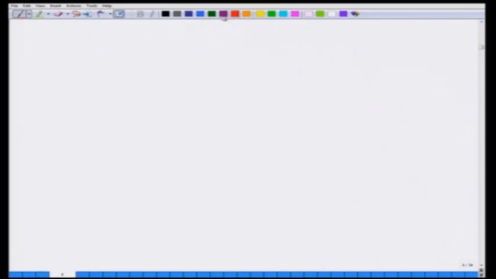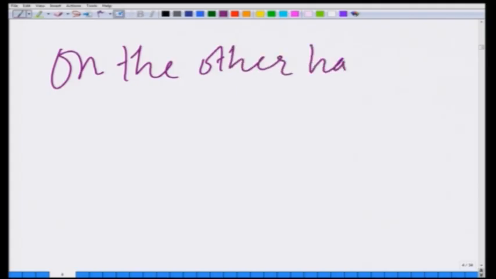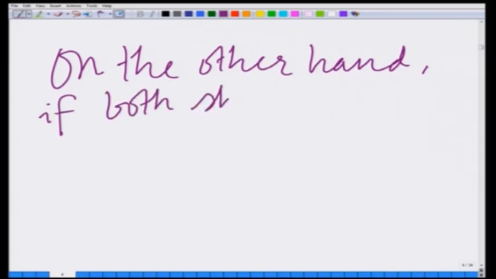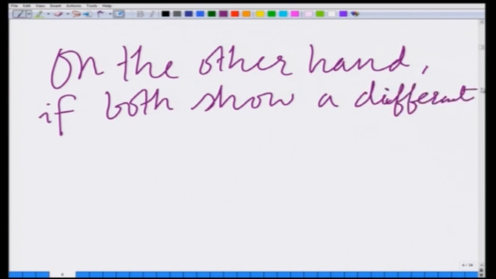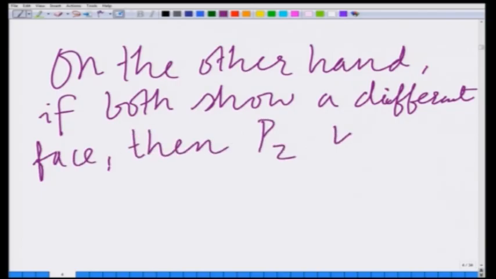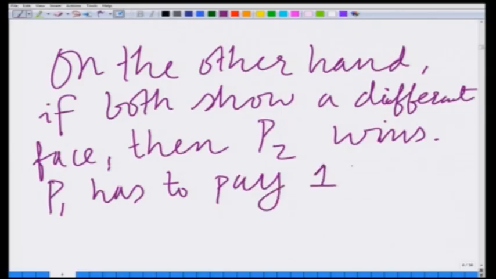On the other hand, if both show a different face, then P2 wins and P1 has to pay 1 rupee to P2, right.